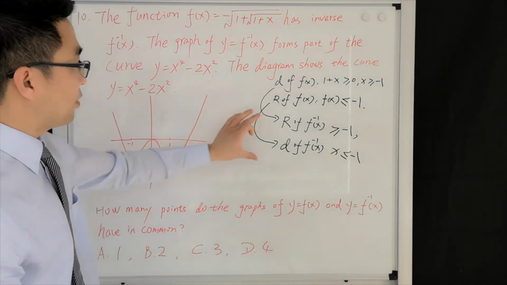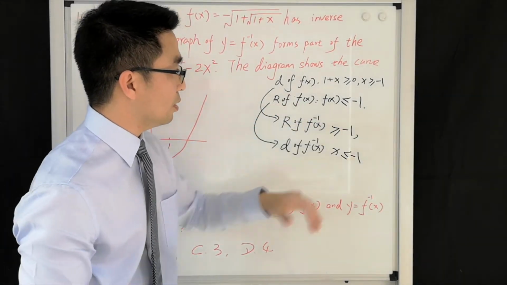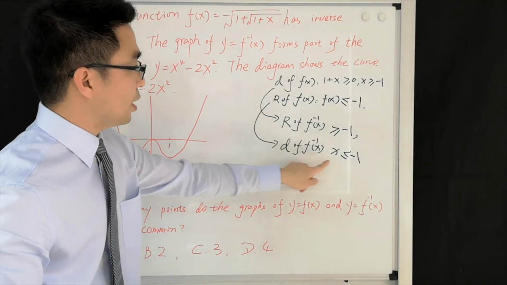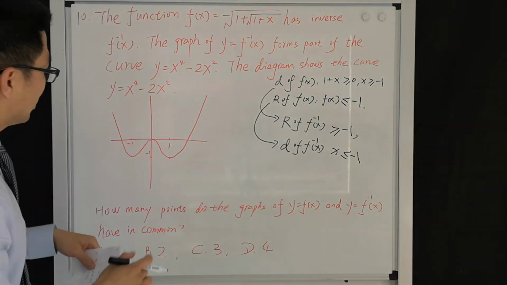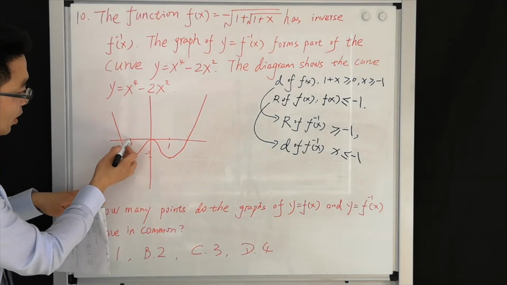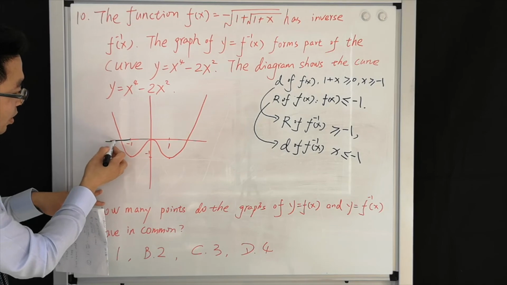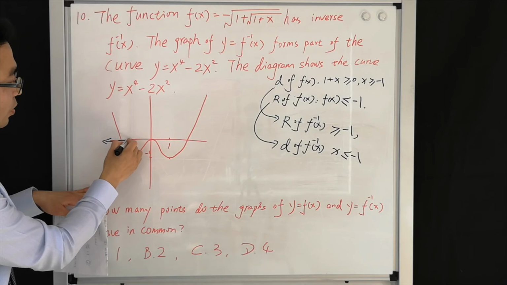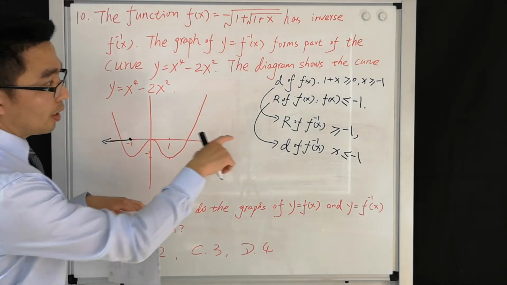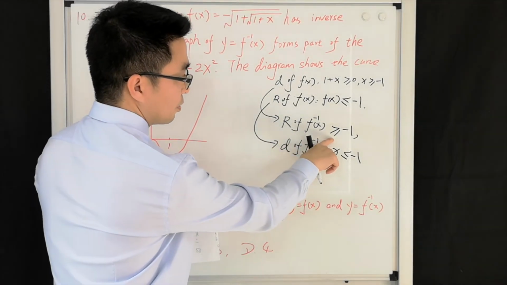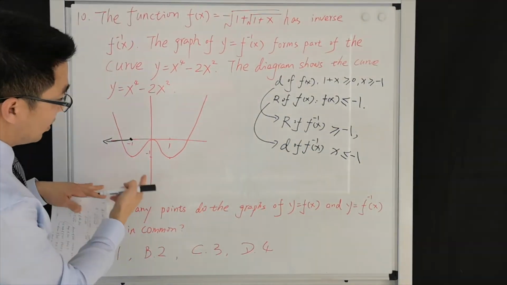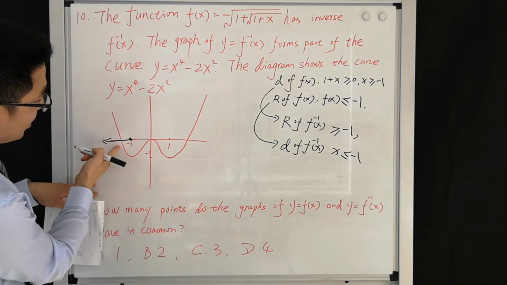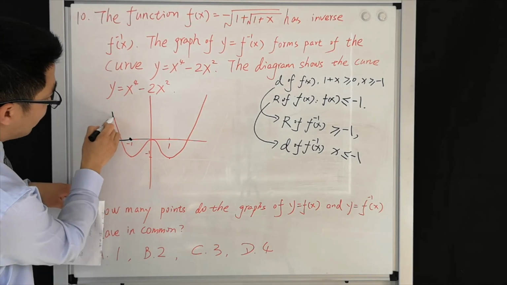So we try to find the part of this on the graph. Here is -1. So the domain has to be from -infinity to -1, including -1. And the range of the inverse function has to be greater than or equal to -1. So we have -1 over here, and it has to be greater than -1.